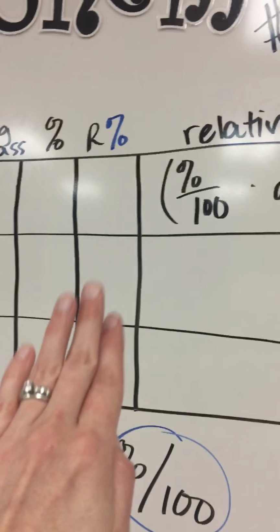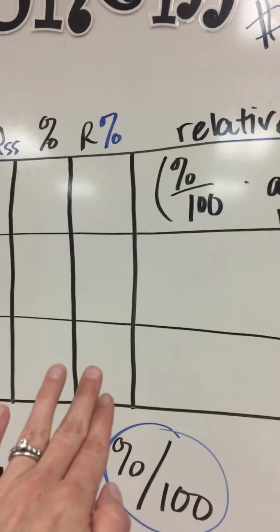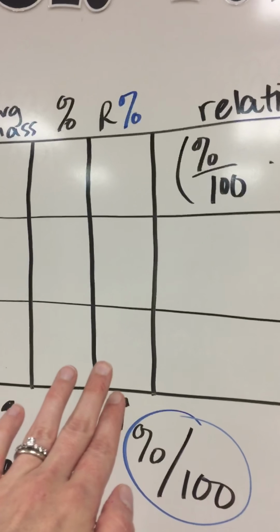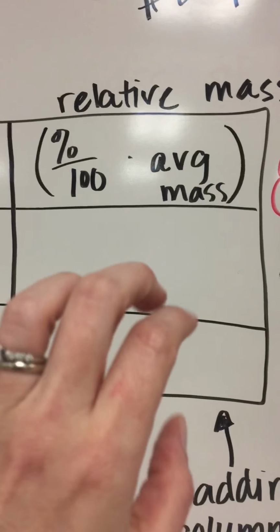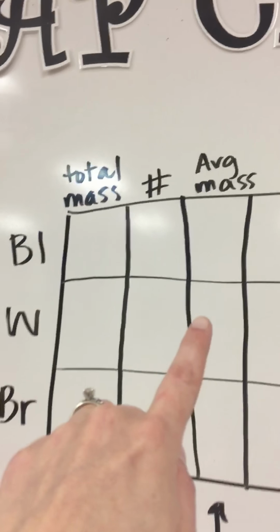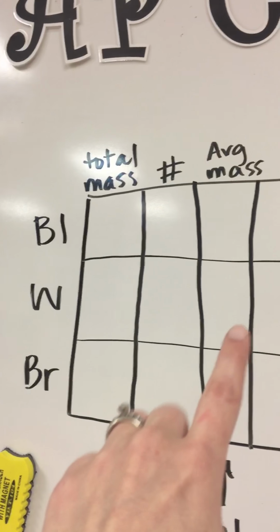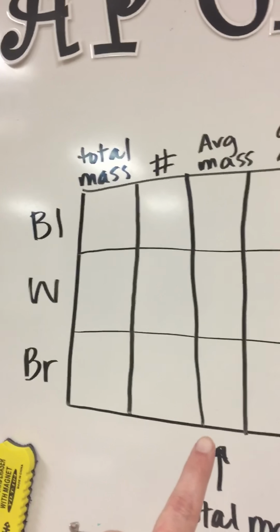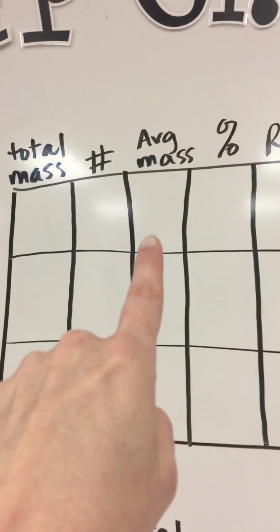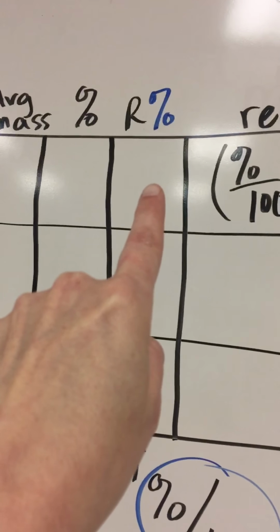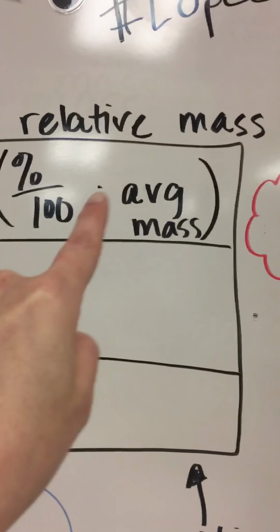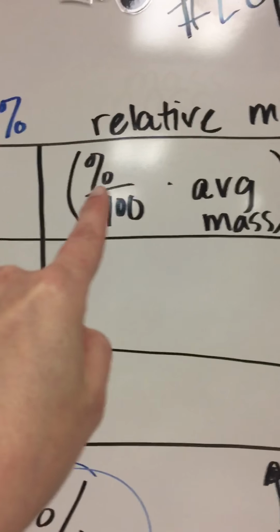Then you're going to take that decimal form of the percent, the relative percent, and multiply it by the average mass of the beans. So this third column, the average mass of one black bean, one white bean, one brown bean, you're going to multiply that average times that relative percentage in decimal form, and that's going to give you what goes in this column, relative mass.